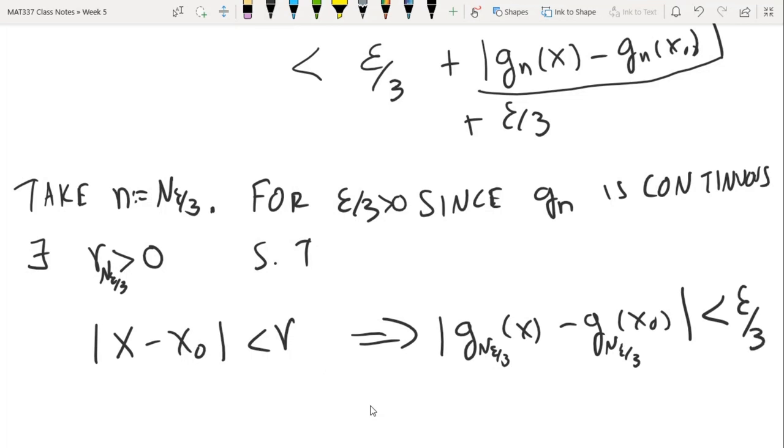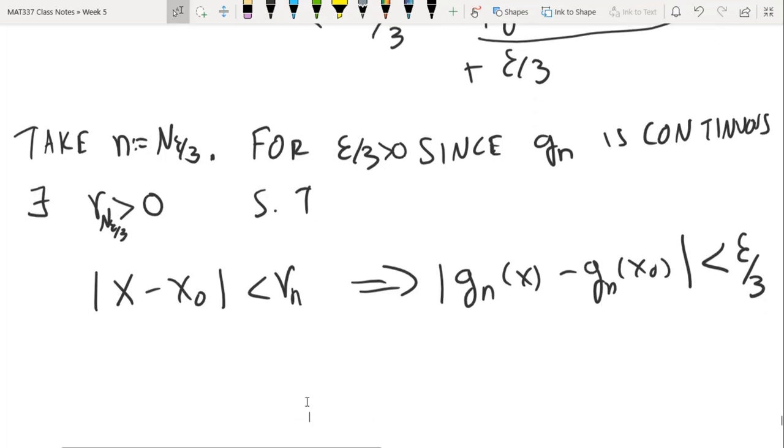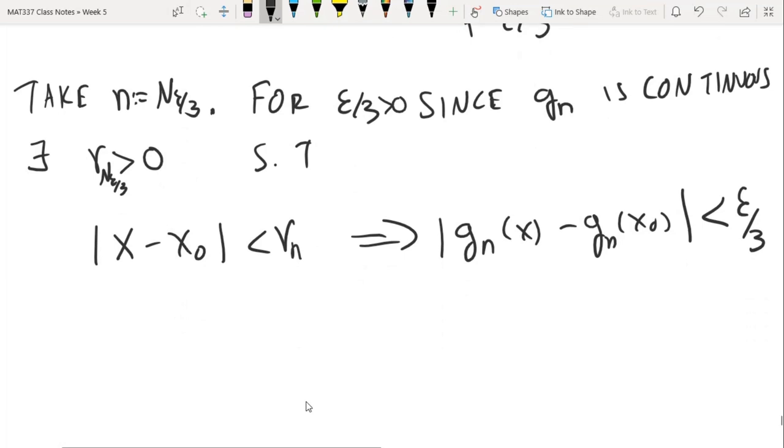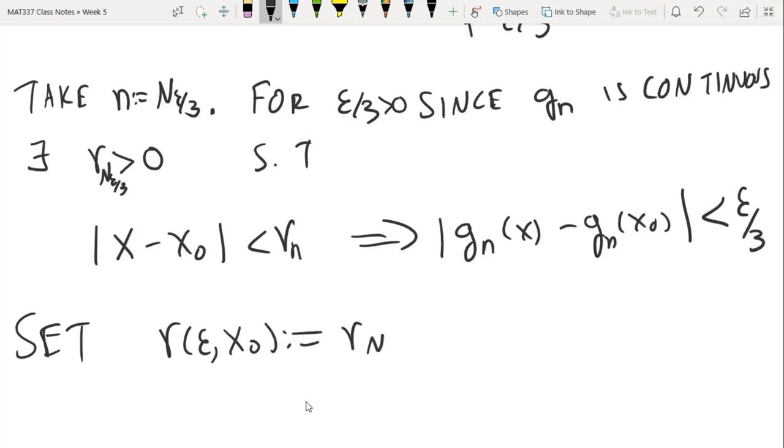Let me put this as N because it's a bit confusing. Okay. So we're almost there. So we found the R. So set R(epsilon, x naught) to be this R of N epsilon over 3.